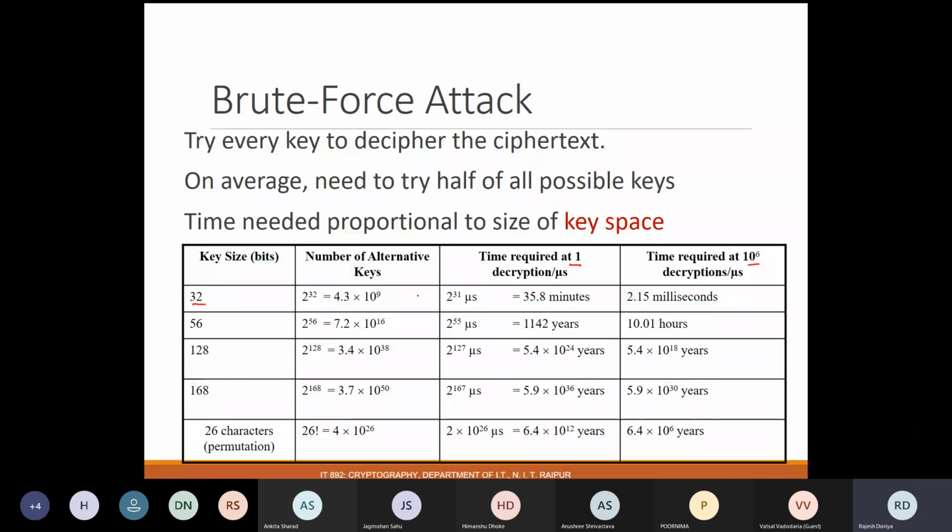So if this is the key size, then these are the number of possible keys which one has to explore. It is the same as having your PIN number in your ATM. If there are 4 digits in an ATM PIN, then in order to find a particular sequence, we need to explore all the possibilities. So how many PIN numbers are possible with 4 digits? Any student?